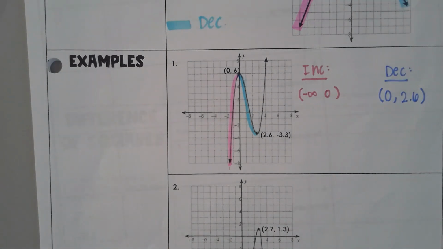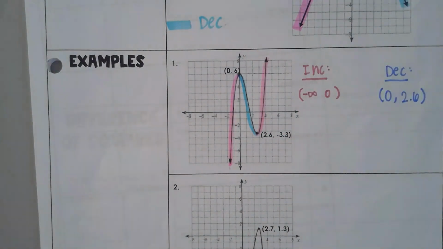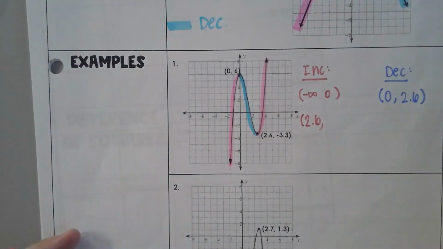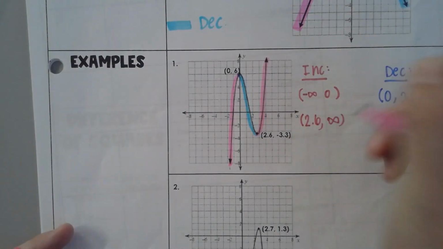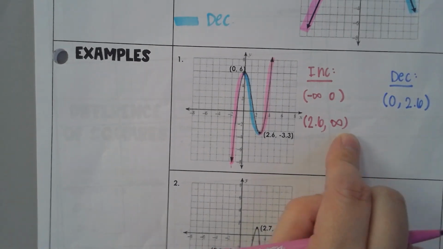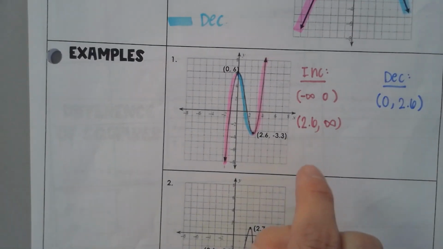Then what? I increase again. Where do I start increasing? 2.6. Where do I stop? Positive infinity. If you are stopping on an arrow, you're going to put positive infinity. Doesn't matter if it's pointing up or down.